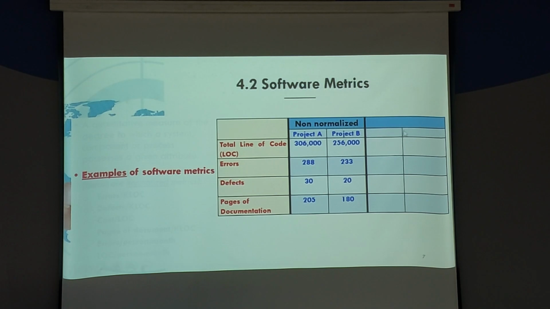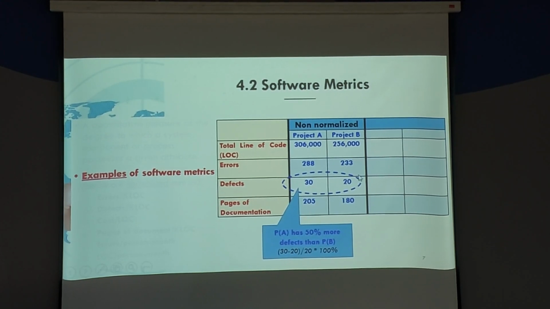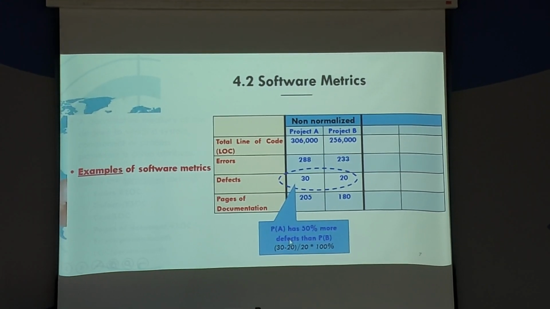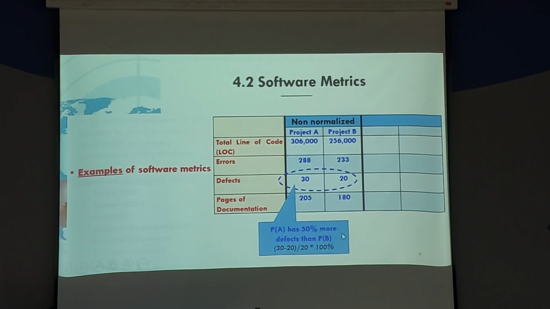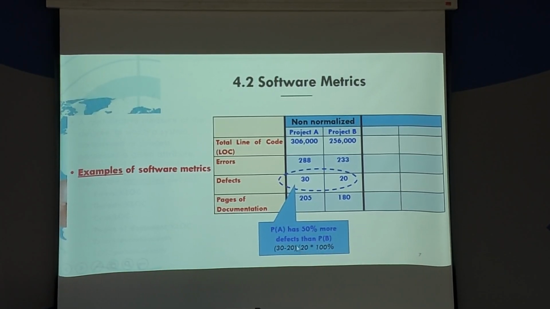These are the metrics for project B. Looking at the defects, 30 for A and 20 for B, when you compare these 2 numbers, you can conclude that project A has 50% more defects than project B. This is how I get 50%: 30 minus 20, over 20, times 100%.